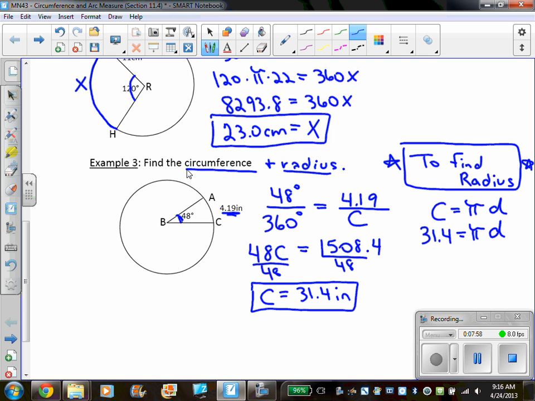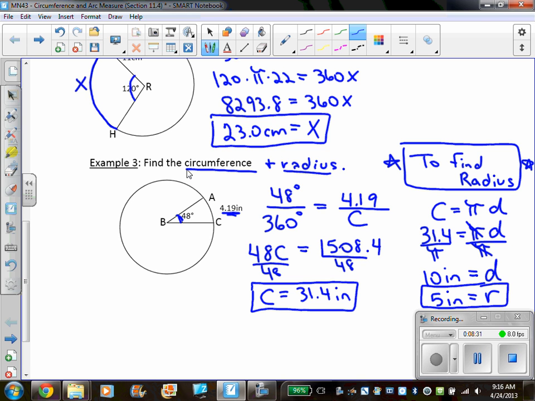You can see that to solve for diameter, you're just dividing by pi. I'm doing this very algebraically, but if you can see to work backwards that you're going to take circumference divided by pi, obviously you wouldn't have to set up this formula. But 31.4 divided by pi ends up giving you a 10-inch diameter. And once you have that, you can divide that by 2 to find the radius of 5 inches. And that's the other answer we want.